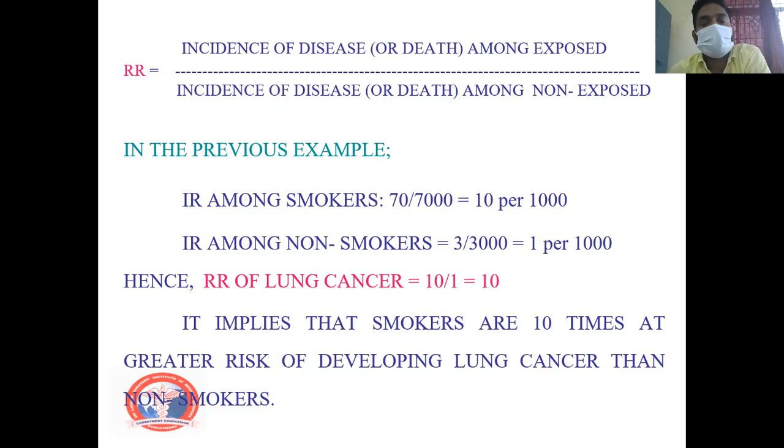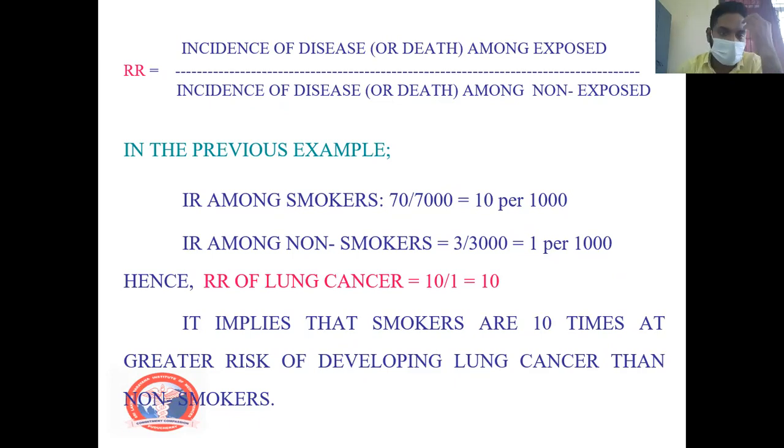Again, I'm repeating: relative risk is equal to incidence of death or disease among the exposed population divided by incidence of disease or death among non-exposed people. In previous example, as we have seen, incidence rate among smokers was 70 divided by 7,000, that is 10 per thousand. Incidence rate among non-smokers 3 divided by 3,000, that is 1 per thousand.